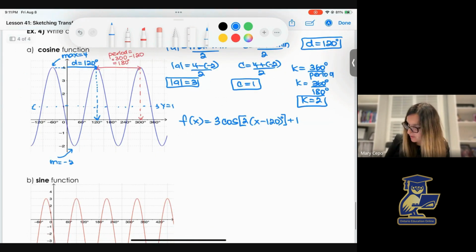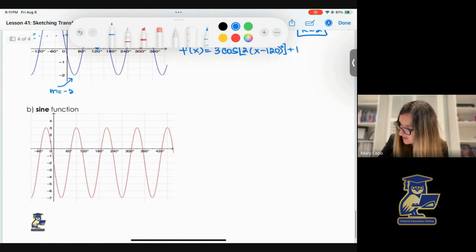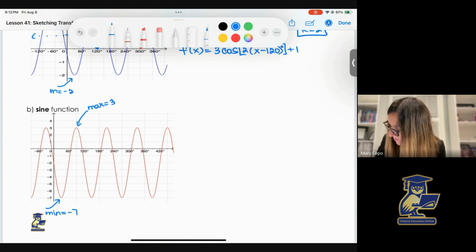Okay, this time we're going to do the sine function. So again, let's start with the max. Max is equal to 3. Min is equal to negative 7. If we wanted to know the amplitude, it's always max minus min, divided by 2.